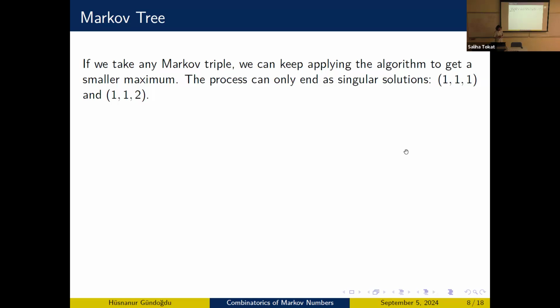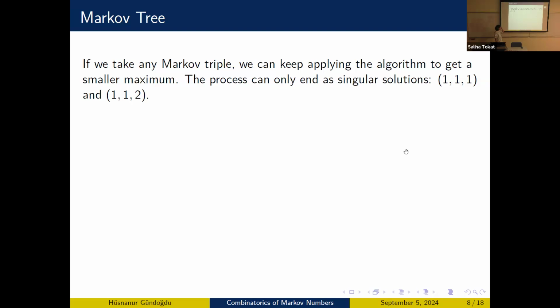Let's take a Markov triple, and apply this algorithm to get a smaller maximum. At the end of the process, we reach 1, 1, 2, and then 1, 1, 1.